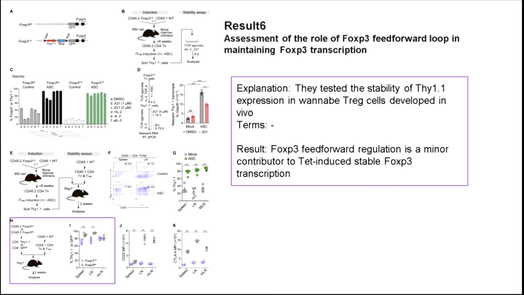Next, they tested the stability of Dye 1.1 expression in wannabe Treg cells developed in vivo. They sorted anti-Treg cells and wannabe Treg cells and co-transferred them into Rag1 negative mice. 2 weeks later, figure I shows that approximately 90% of anti-Treg cells maintained Foxp3 expression shown in black circle, and 70 to 80% of wannabe Treg cells remained Dye 1.1 expression shown in blue circle.